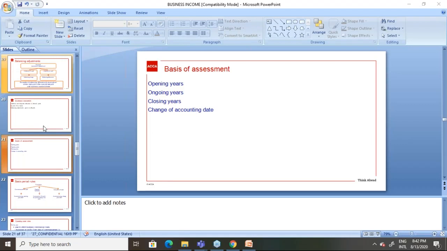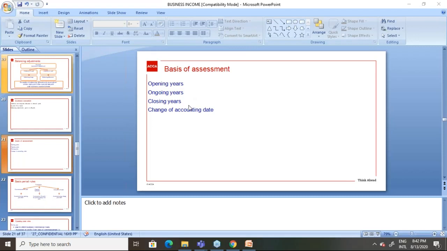There are different types of rules applicable depending on whether it is a newly started business or ongoing business or a business which you are going to cease trading. And there are some special basis of assessment rules if you are going to change the accounting date. Since I have limited time, I will explain the important ones, that is rules pertaining to opening years, ongoing years, and closing years.